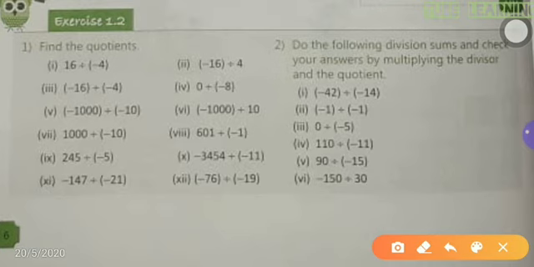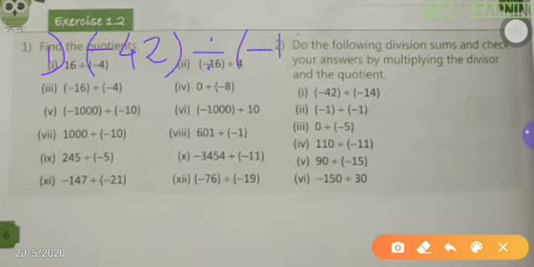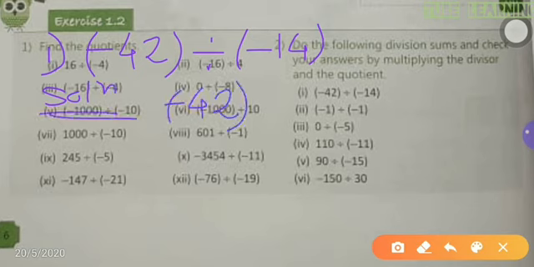First one I am doing here. First one given is minus 42 divided by minus 14. How much will you get? Quotient, what will it become?